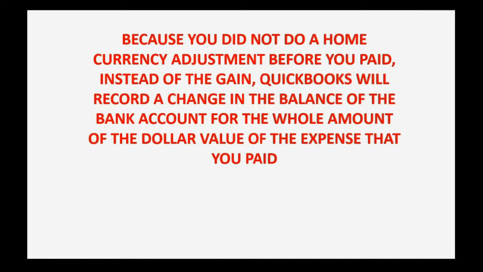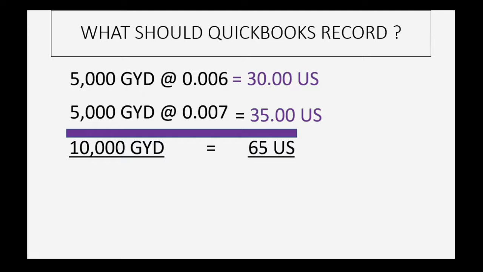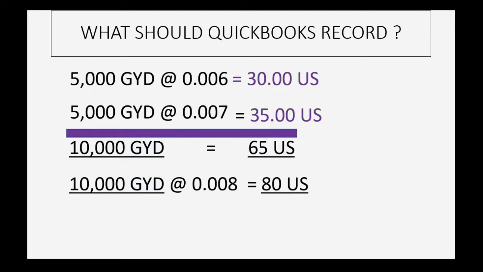Because you did not do a home currency adjustment before you paid, instead of recording a gain, QuickBooks will record a change in the balance of the bank account for the whole amount of the dollar value of the expense that you paid. So what should QuickBooks record?